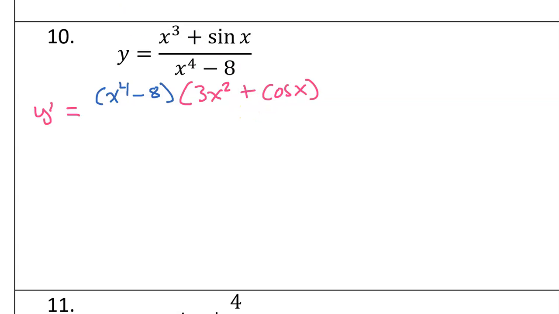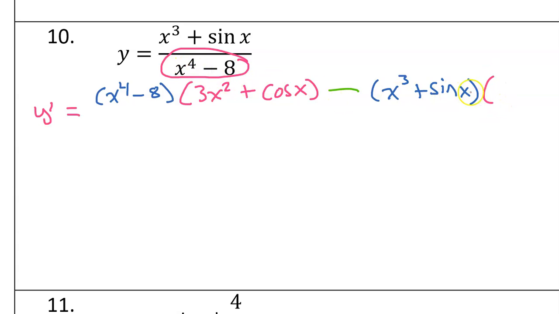Low d high less high d low. Less means subtraction. So low d high less high. So high means just write down the top part the way it is. So x to the 3rd power plus sine x. And then d low. D low means take the derivative of the bottom part.